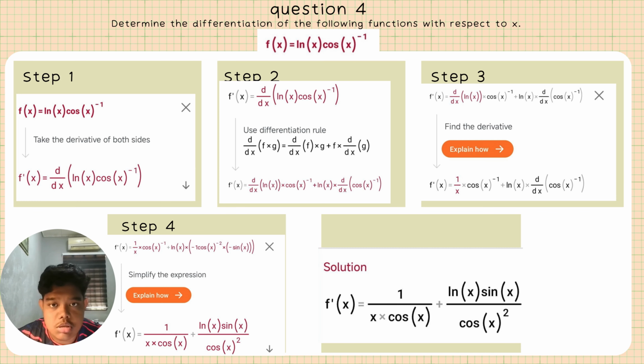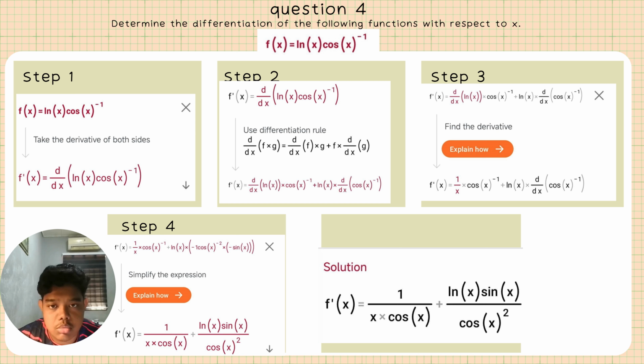So for the next question, f x equal to ln x cos x power of negative 1. Step 1, we take the derivative of both sides. So you will get f prime x equal to d per dx, bracket of ln x cos x power of negative 1. Step 2, we use the differentiation rule.